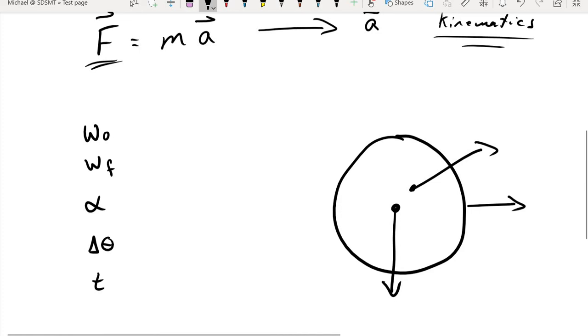And then of all of those choices of where you're going to apply the force, what about the orientation of the force? If I apply a force at the surface of the wheel, can I apply it perpendicular to the surface? Can I apply it tangent to the surface? Can I apply it at some angle in between the two?